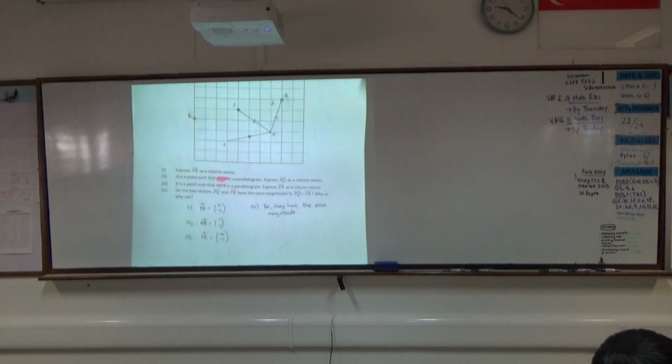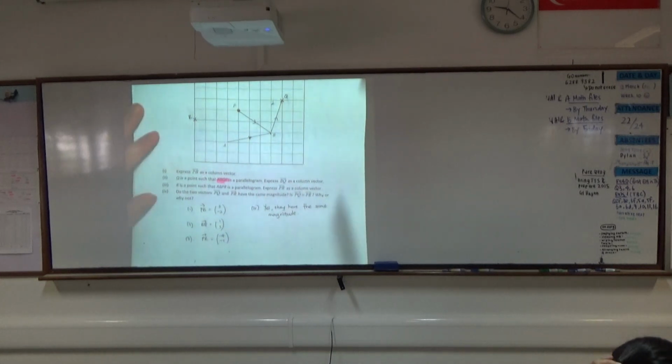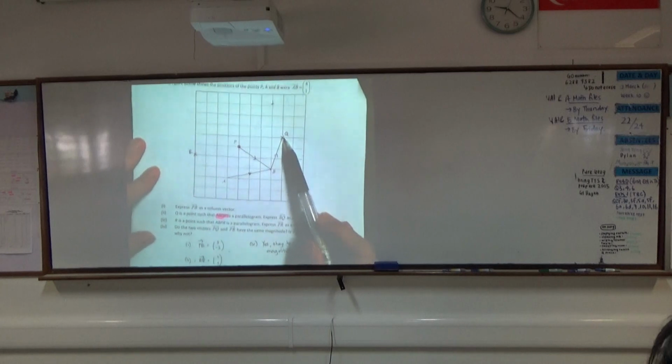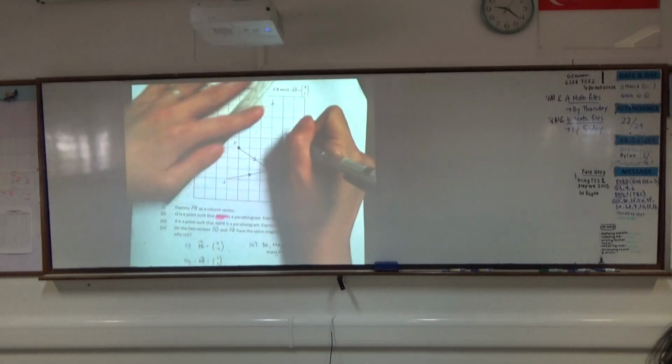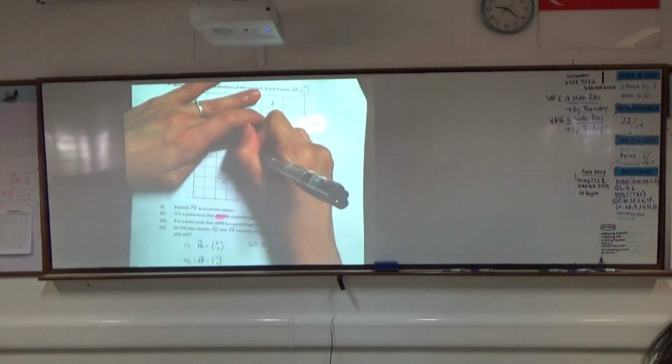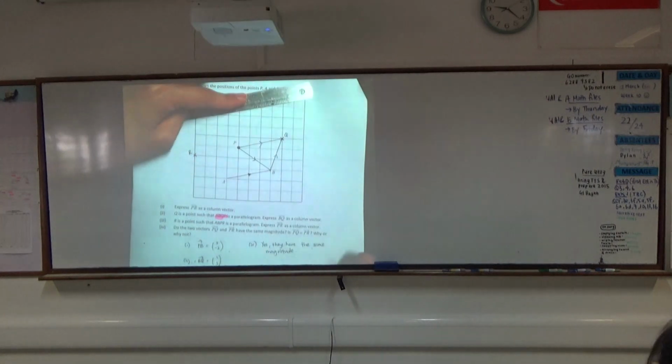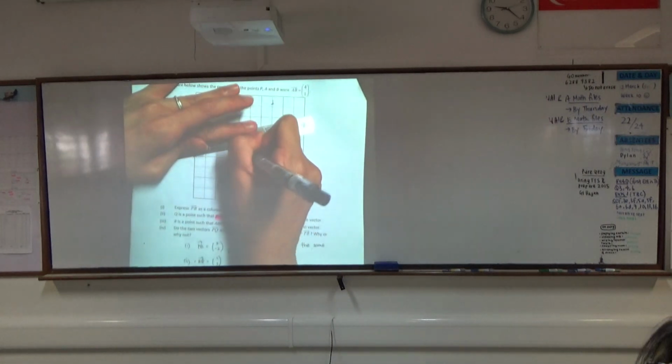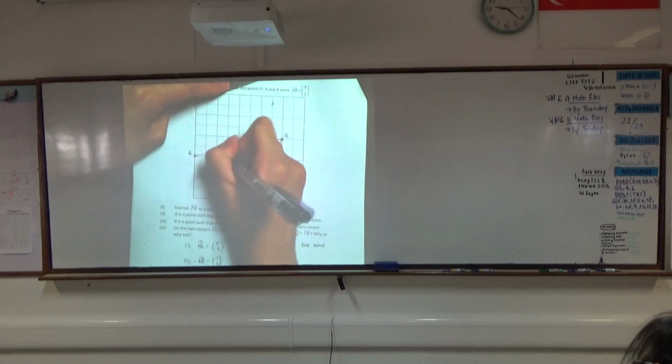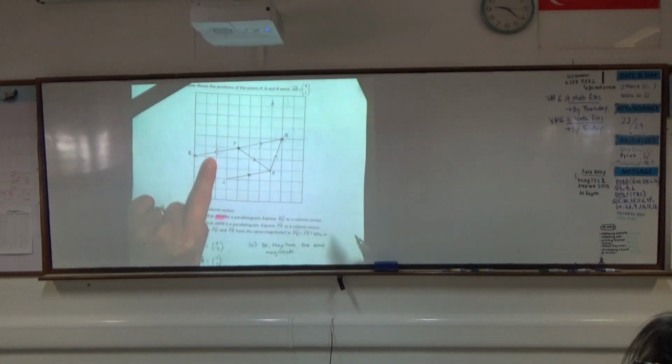It is clear to us that PQ does not equal PR, because PQ itself is in a direction going in this manner, while PR is a vector whose direction is going in this manner.